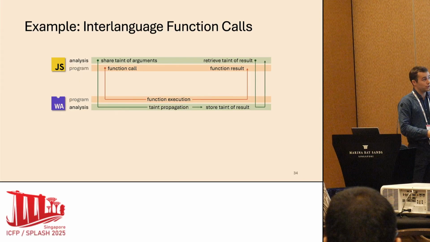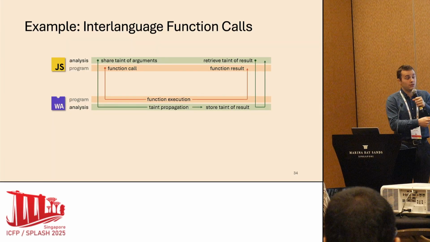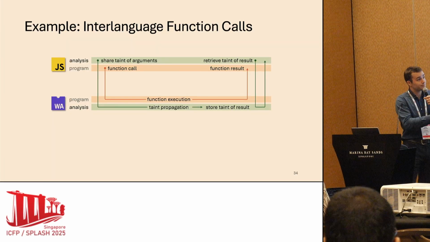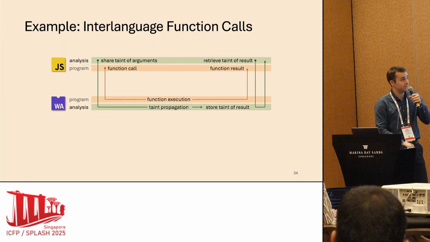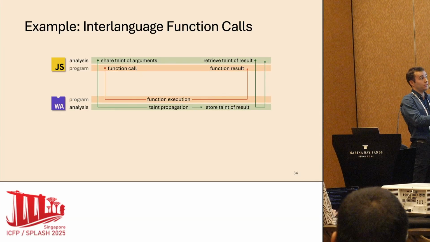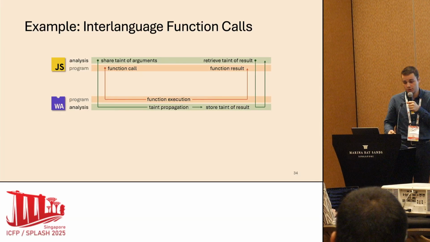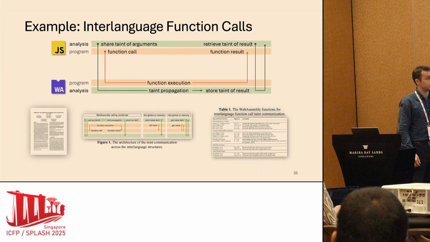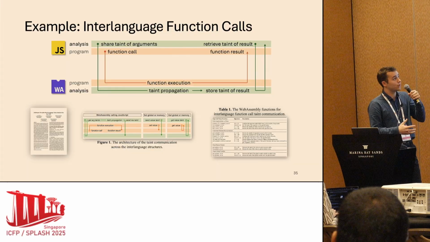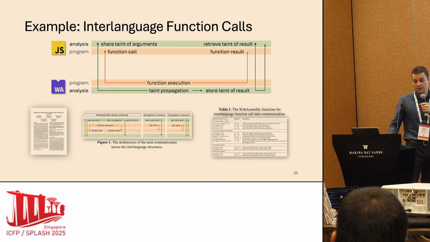Then, when the function call returns, before the callee of that JavaScript function gets its result, the taint is retrieved at the WebAssembly side and also passed on when the JavaScript function then eventually returns. There are more details on the semantics of how the orchestration works, which you can find in the paper.